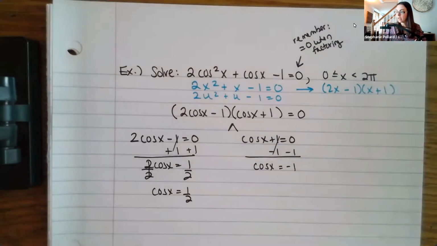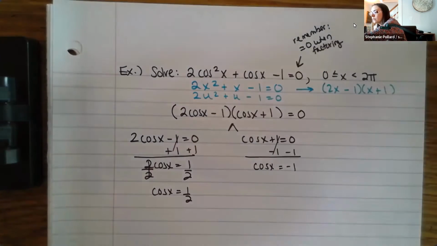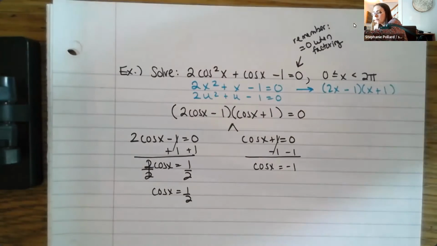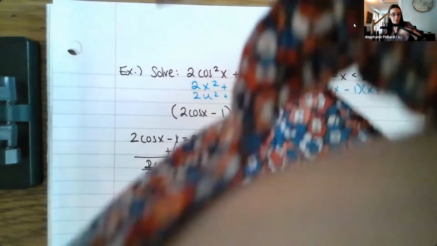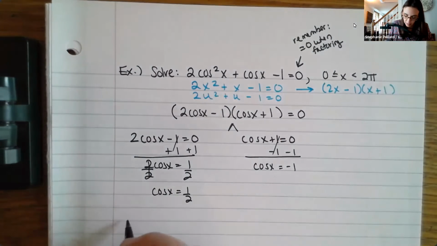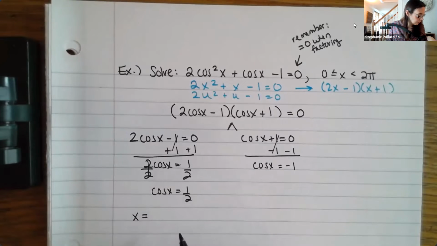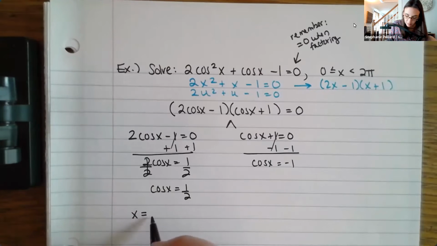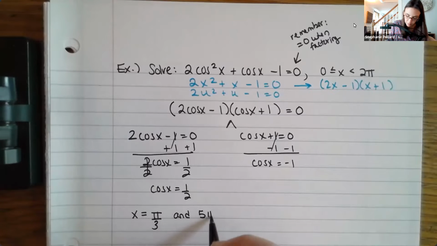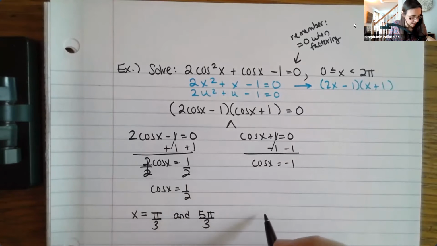Okay, so let me write those down. So for this one here, we know that x would be, what did we say? We said pi over 3 and 5 pi over 3. And then over here, we said that that works for x equals pi.